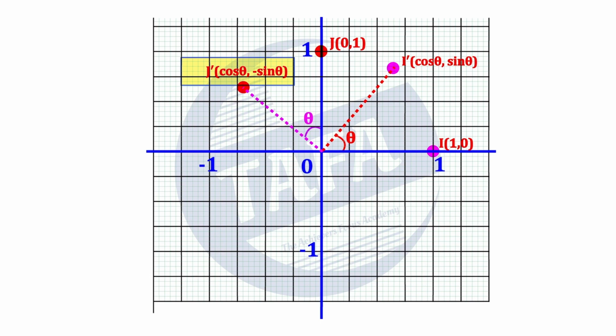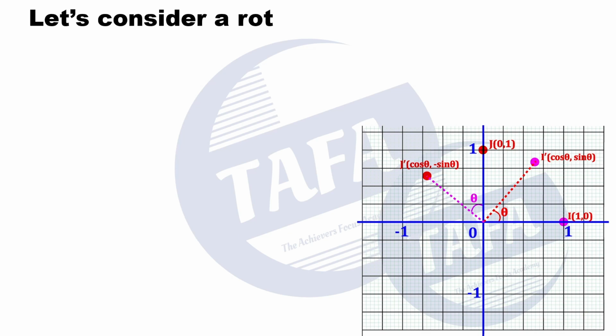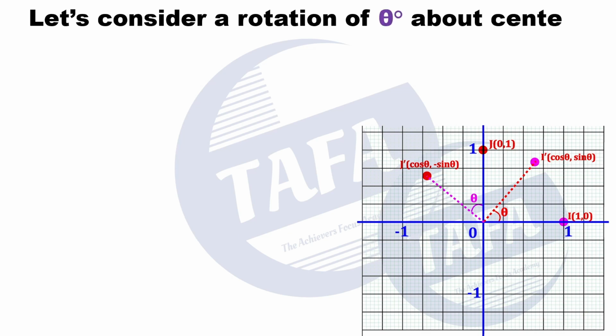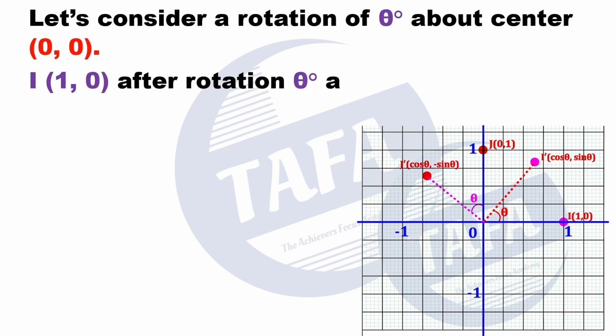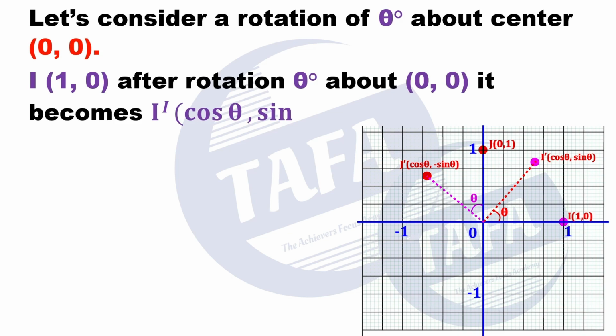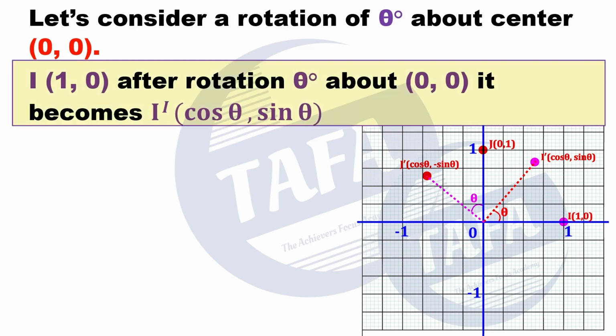Remember, in the second quadrant, only sine is positive. So we therefore have the rotation of theta degrees about center (0, 0). I, which was initially (1, 0), after the rotation of theta degrees about (0, 0), the image becomes (cos theta, sin theta).